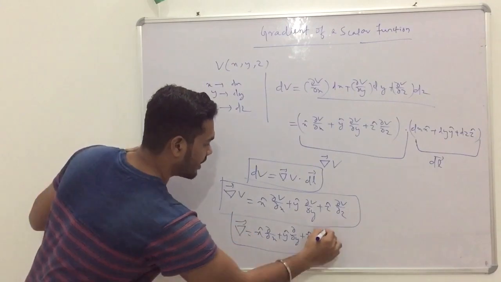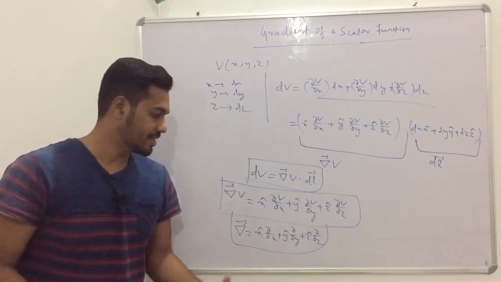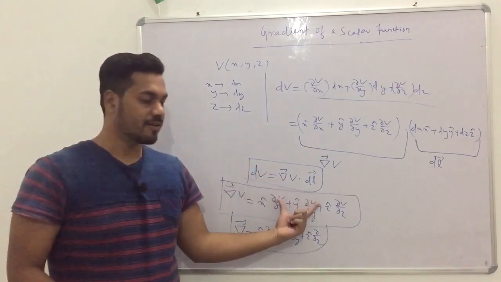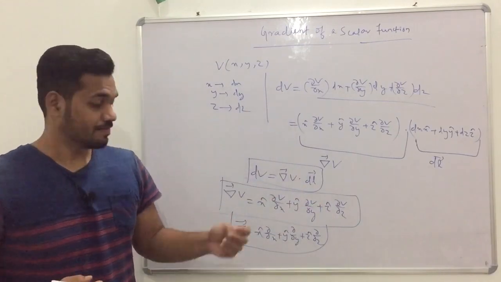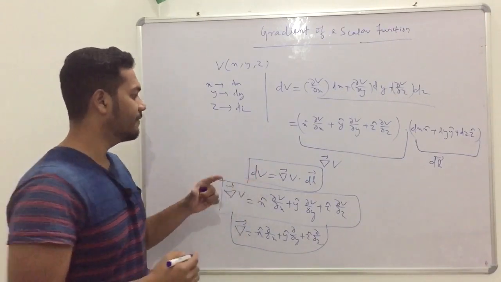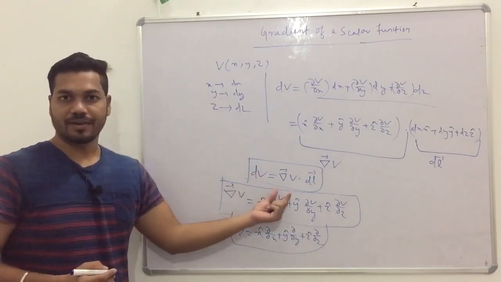So this is your gradient operator, or grad operator, and this will give you the physical interpretation of the gradient of a scalar function. From this you can define dv equals grad v dot dl.